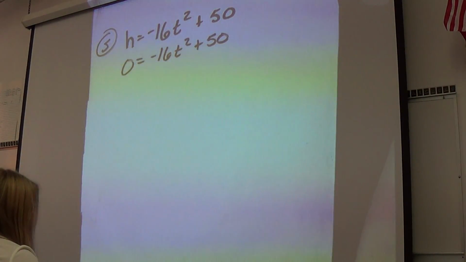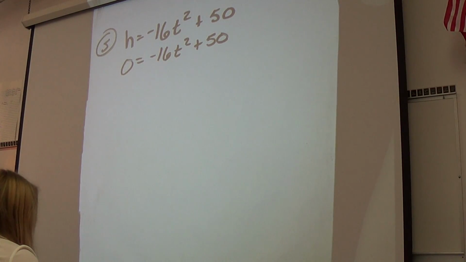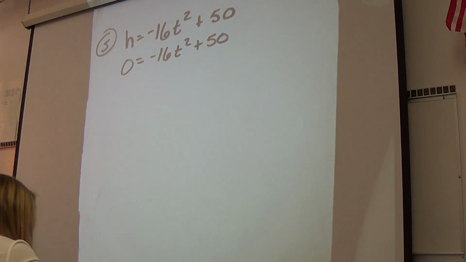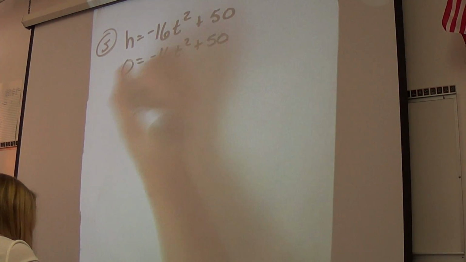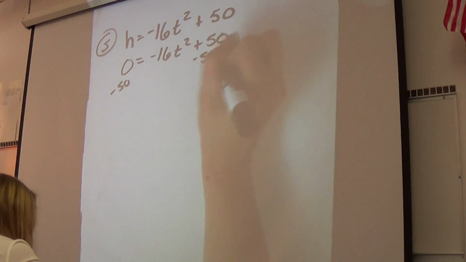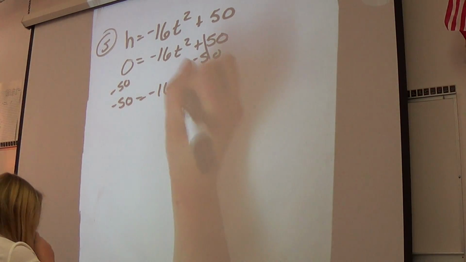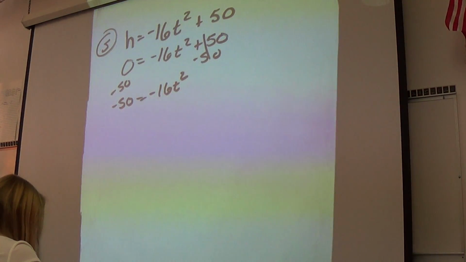All right, so from here, what method of solving? Square root. Good. So what do I do for that? Subtract 50 from both sides. And then?